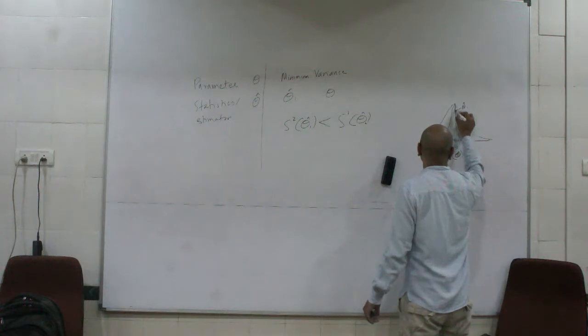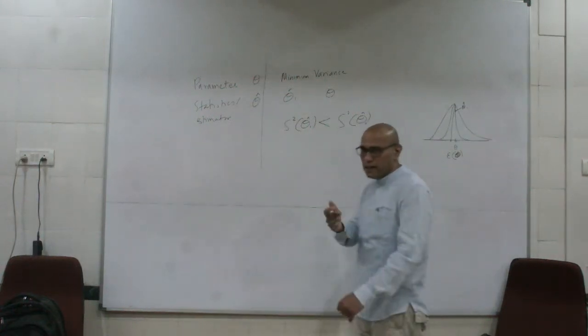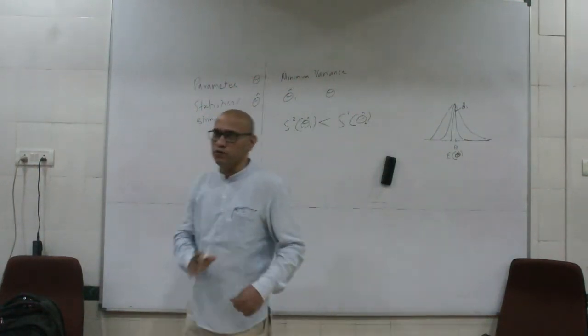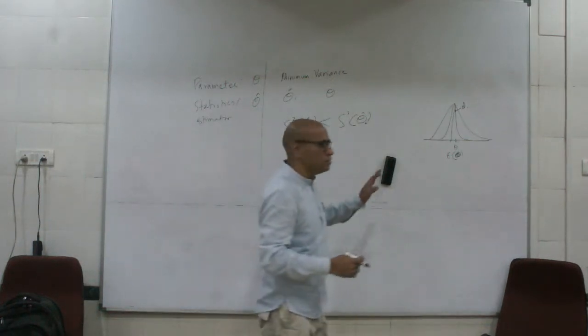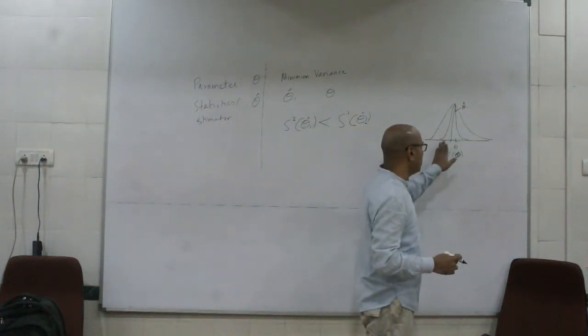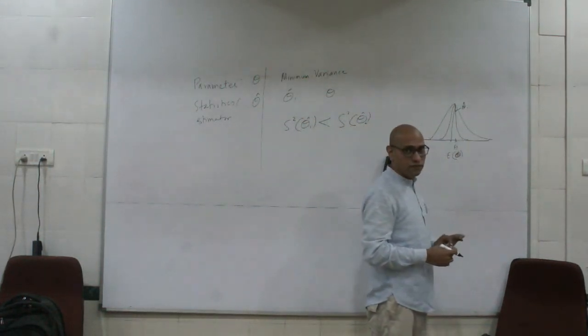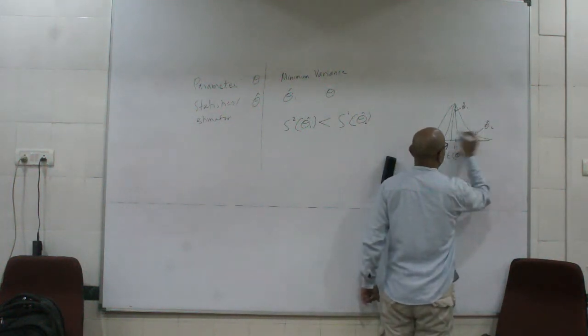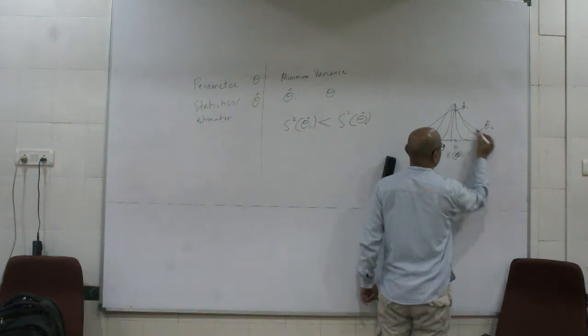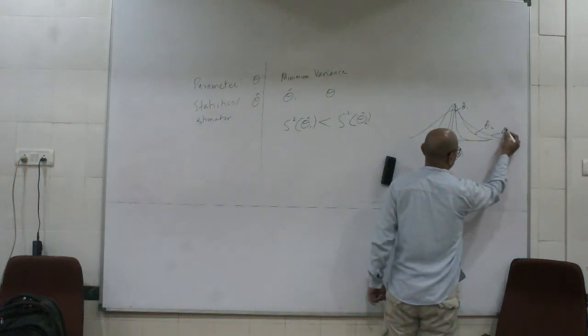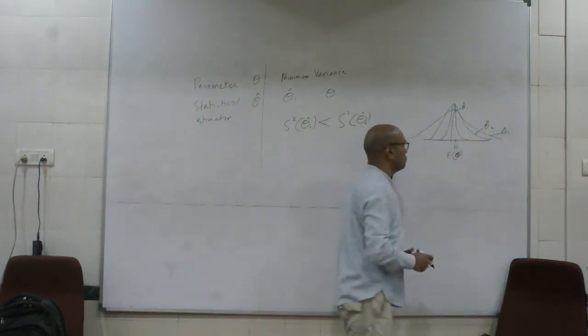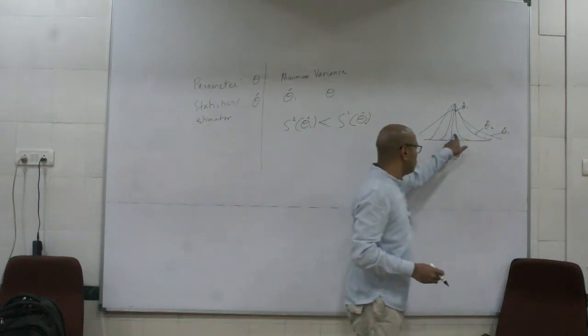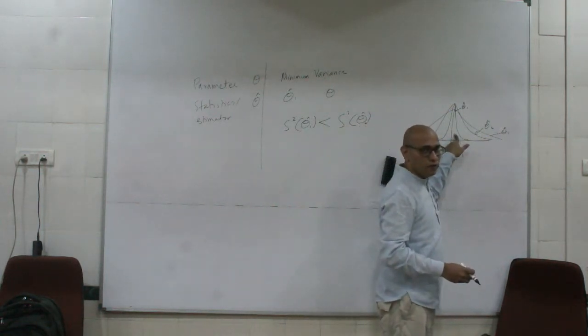Again, both of them don't have a mean around theta. I'm not concerned about unbiasedness basically. I'm only concerned about the fact that they have different variances. This is say theta hat 3, and so on and so forth. So this one is theta hat 1.